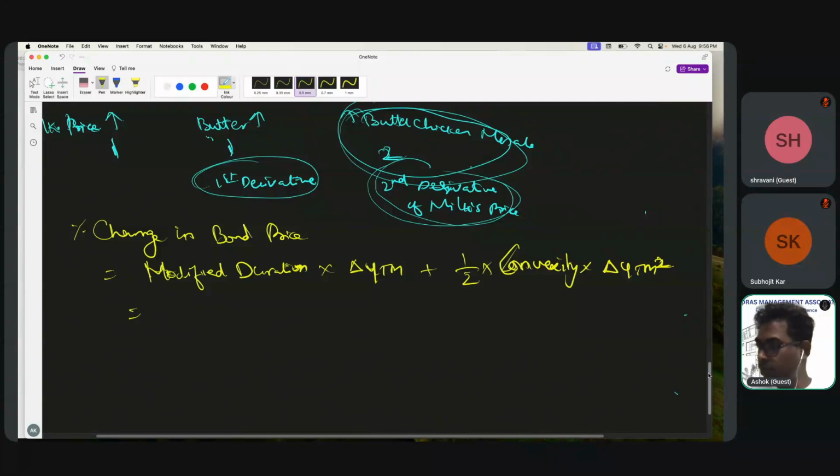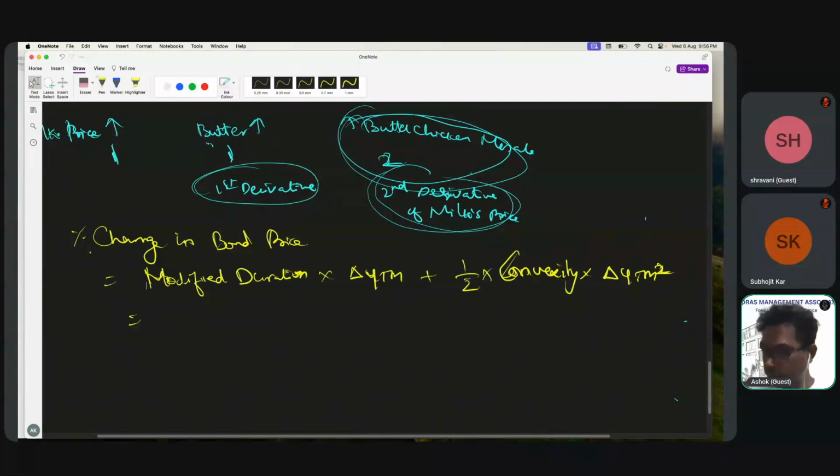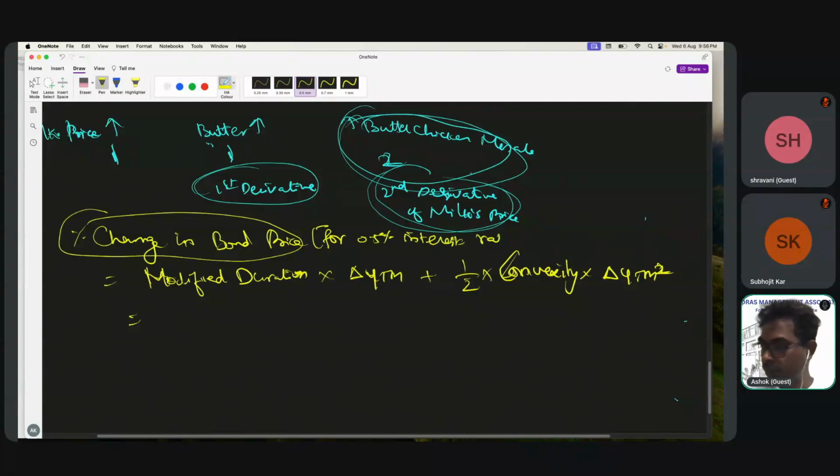So modified duration is what? Now we are coming to the point. Finally, what is the change? Let's say the interest rate has come down. Percentage change in bond price for a 0.5 percentage interest rate coming down.